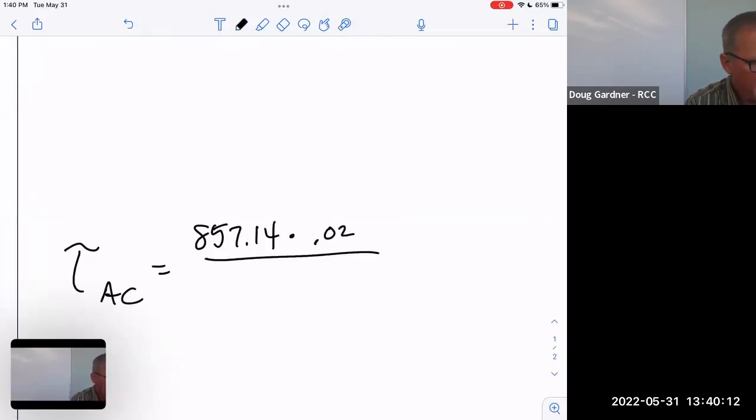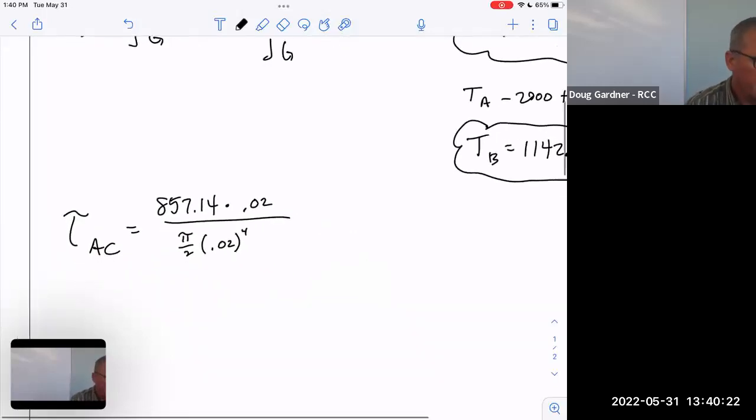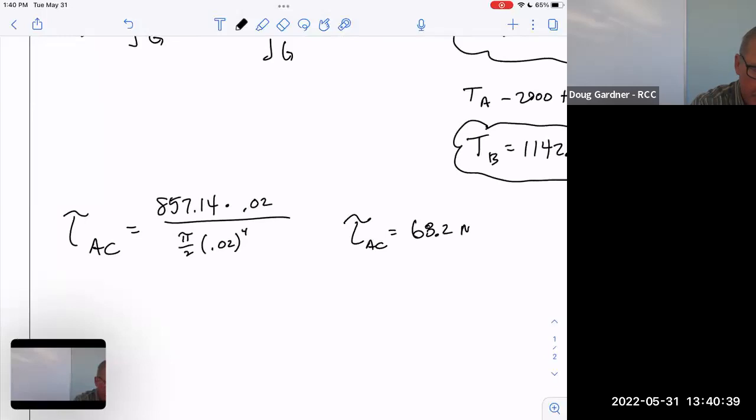And that's divided by J, which is like last time, pi over 2 times the radius to the 4th. So since it's like last time, I'm just going to write down the answer to that. In terms of the back of the book, you'd get 68.2 megapascals for that.